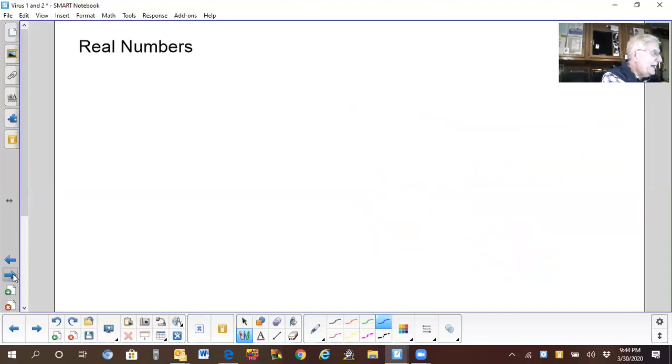Okay. Now, when you put together the irrational numbers and the rational numbers, remember the rational numbers can include the whole numbers, the integers, the natural numbers, okay? When you put all these numbers together, you have the set which is called the real numbers. So we're not going to deal with imaginary numbers at all in this class.